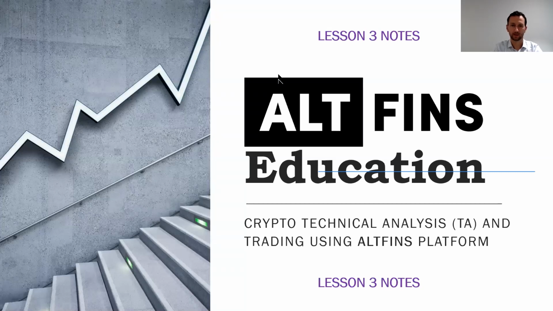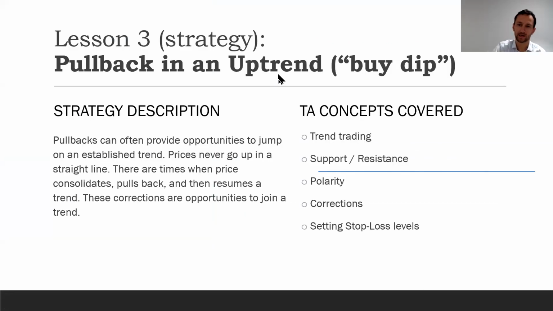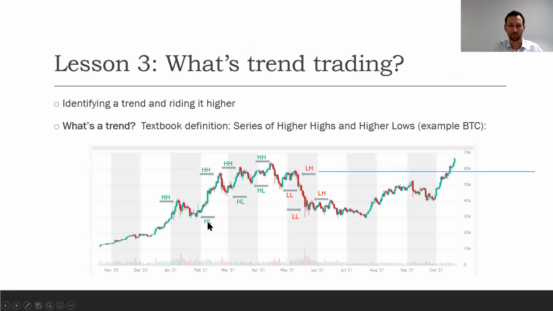Super. So, pullbacks in an uptrend, or buying the dip. I think conceptually, intellectually, it's relatively easy to understand. As you've experienced many times, when you look at coins that are trending up, prices don't go up in a straight line, right? There are always going to be these dips in an uptrend, like we see in the Bitcoin chart here back in the springtime.